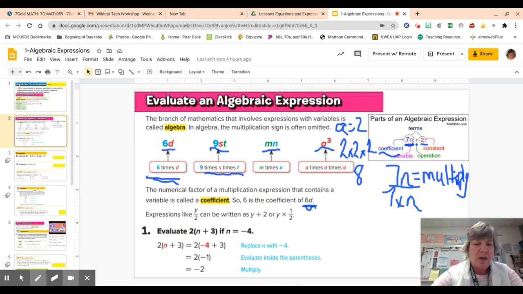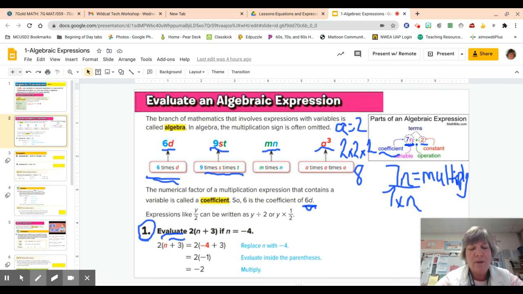All right, so on example number 1, we would evaluate. Remember, the word evaluate means to solve. So evaluate 2n plus 3 if n equals -4. So wherever you see an n, you're going to put in a -4. So 2 times (-4) plus 3. 2 terms inside of my parentheses here.